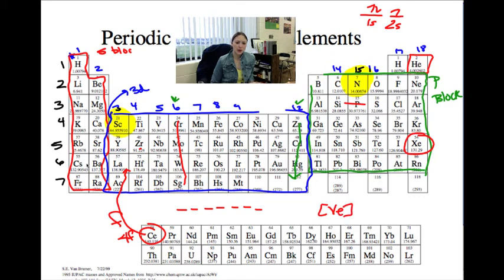Well, I'm in the S block, and I'm in 6, so 6s2. Then I go to lanthanum, which is now a D block, and it's 1 less, so 5d1. And then I jump down here and go to 58, which is cerium, and I go 4f1.